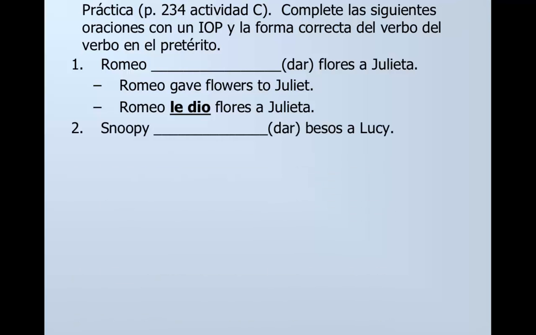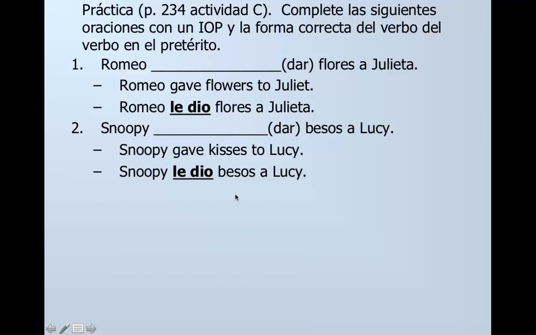Here's another example. Snoopy dar besos a Lucy. Snoopy gave kisses to Lucy. So to whom? To Lucy. So that would be le. And then Snoopy gave, so le dio. It's important to recognize that the le goes with a Lucy and the dio goes with Snoopy.